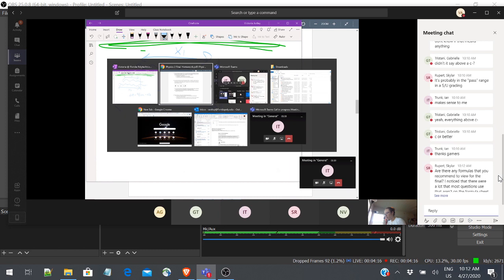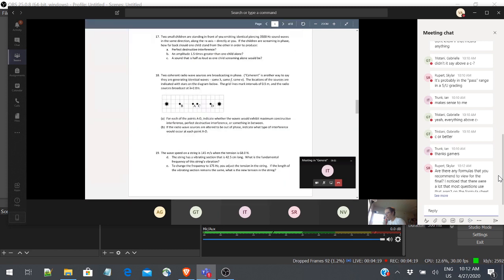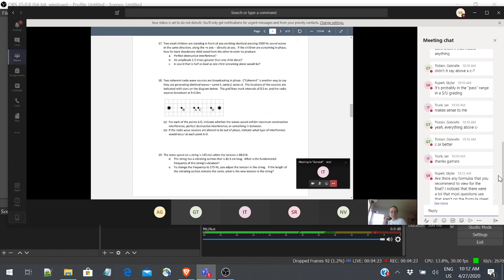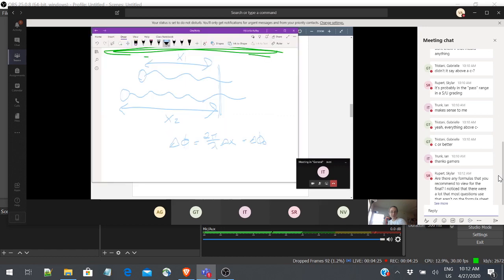So if the children are screaming in phase, that means in phase means that this is 0. So they are screaming in sync with each other. So delta phi naught equals 0.